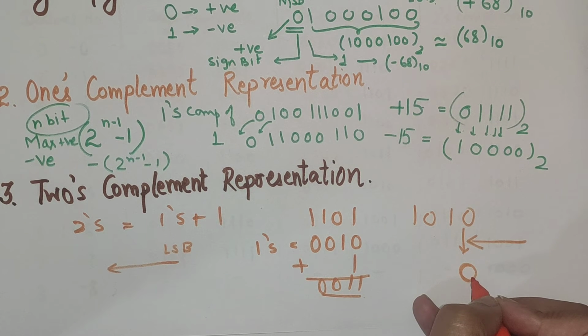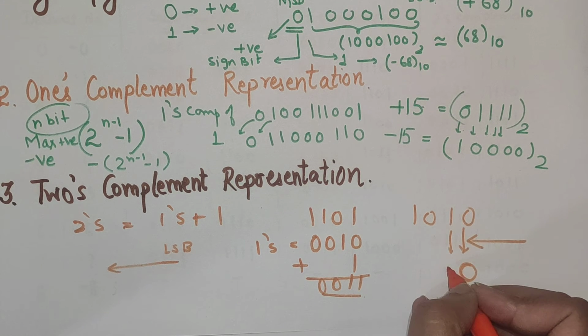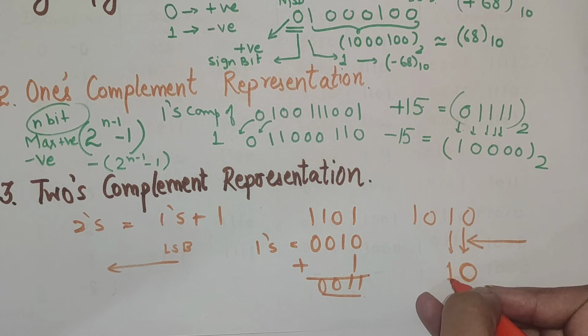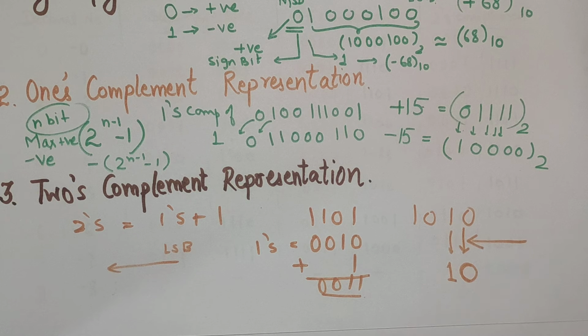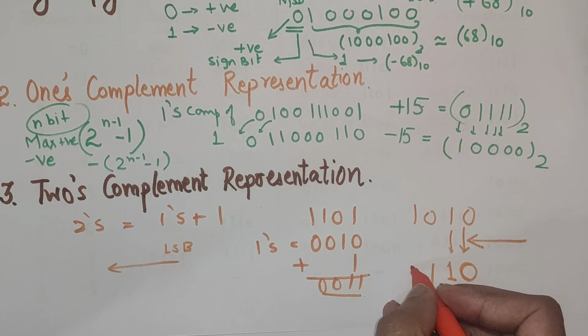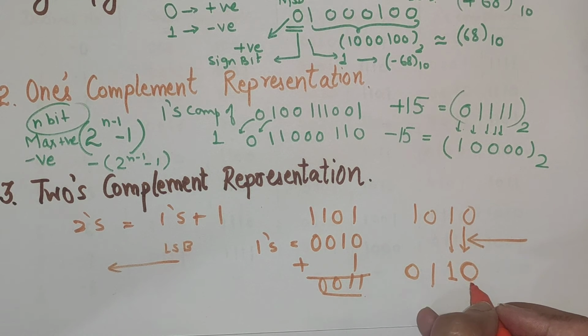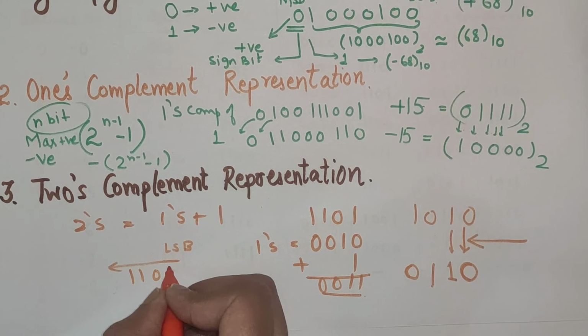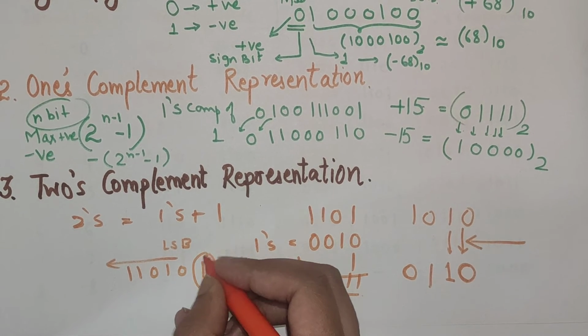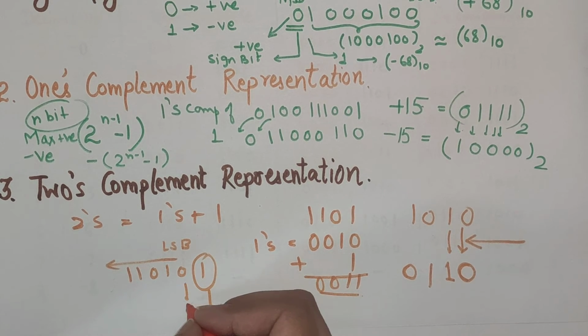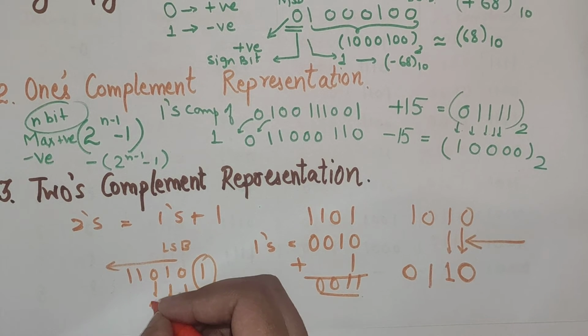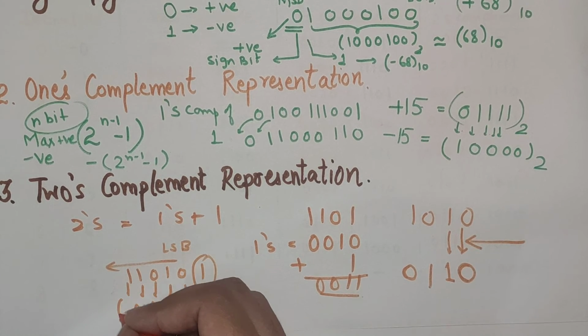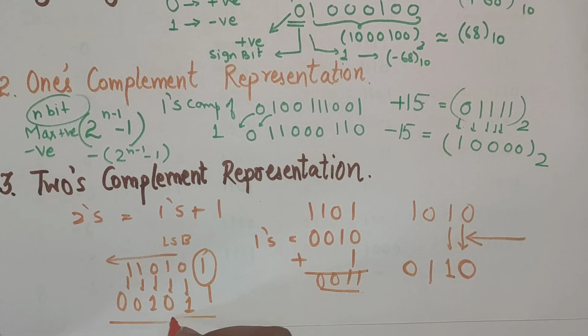So 0 as it is, 1 as it is, and then do the ones complement of the rest. If the number is 110101, keep the 1 as it is and then take the ones complement of the rest of the number: 0 1 0 0. So this is the 2's complement.